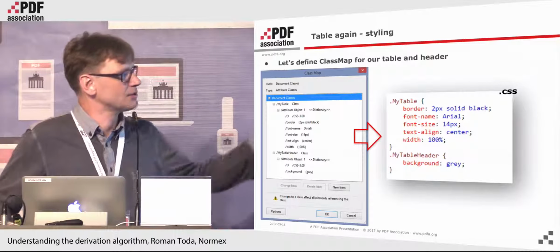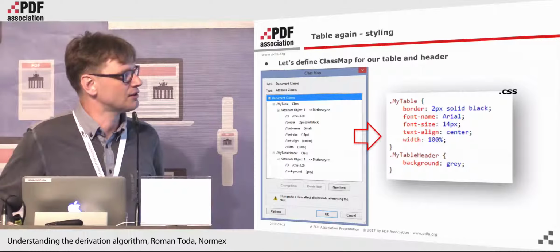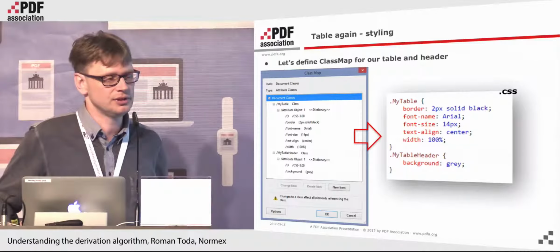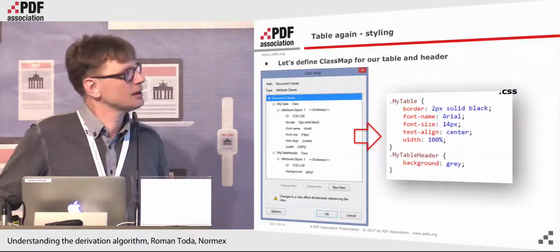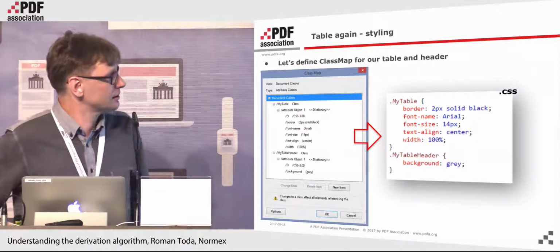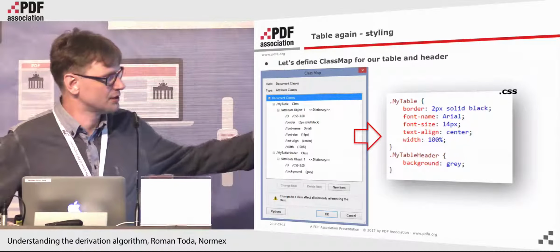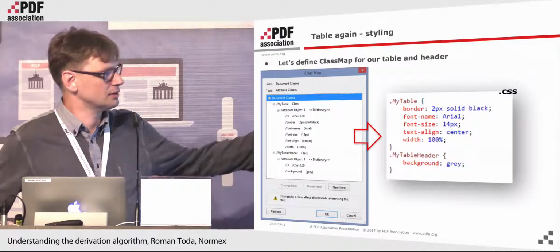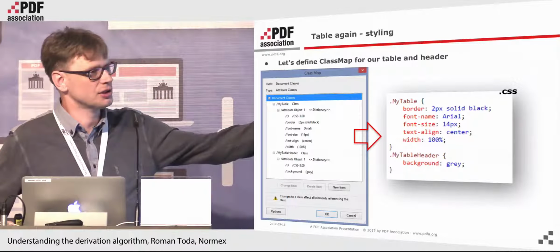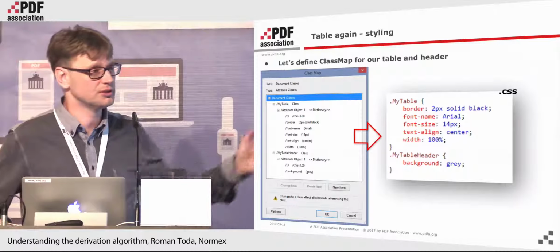So if we have a class map, we will generate something like this on the right side, and I'll show you this on a table that is in there. On close inspection, it's very straightforward. The derivation of attributes into an HTML CSS style sheet is straightforward. You can use it directly.